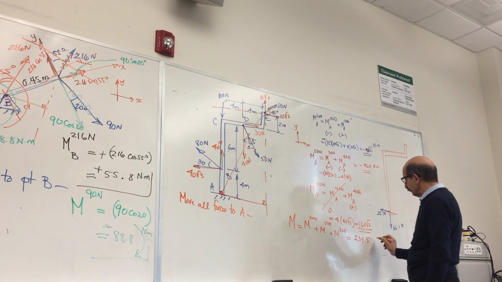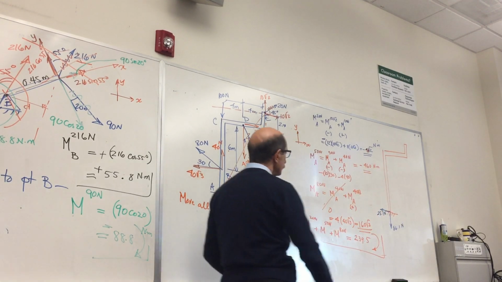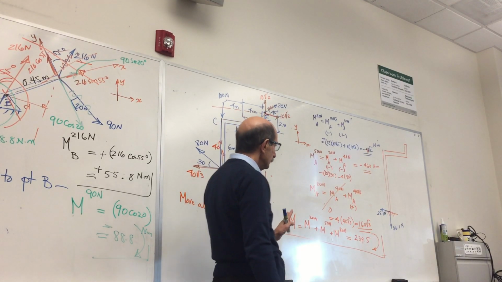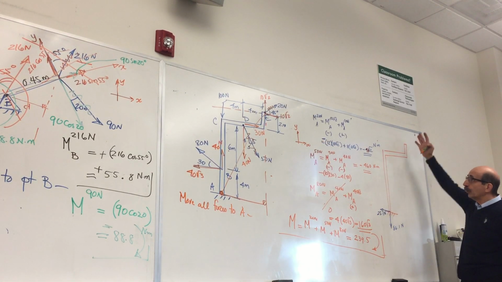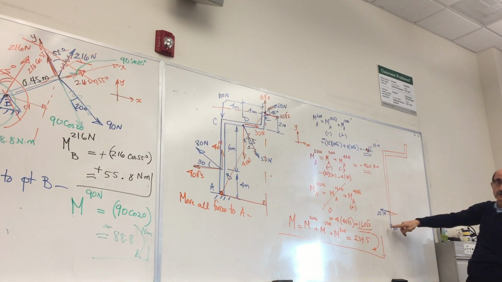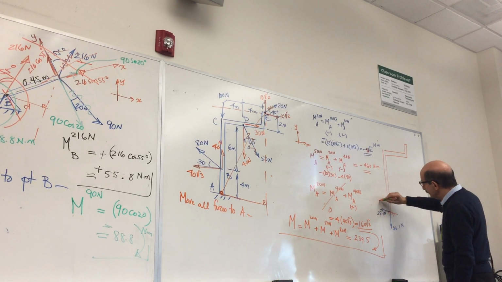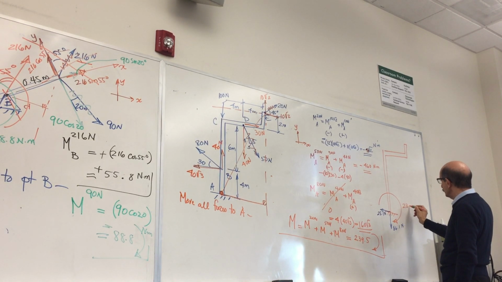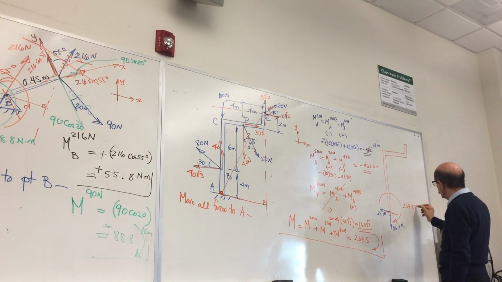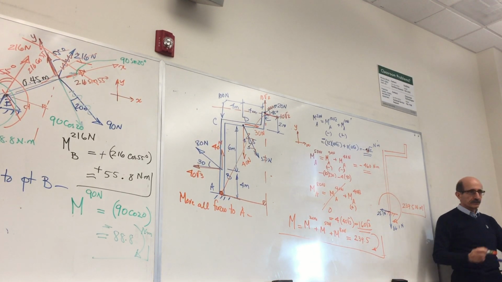Yeah, great. So that would be a moment like this. So the result of moving all those forces to this point means you move the resultant here, and then you have to add a moment of 239.5 Newton meter at that point.